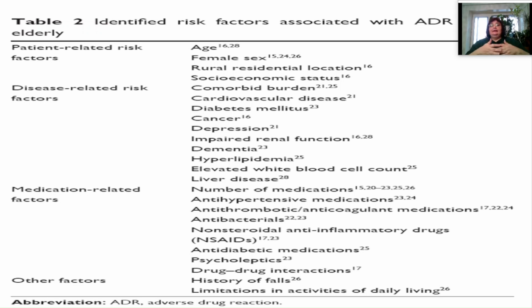We see, even looking at these pictures, that one patient will have several groups of drugs, and these groups of drugs can interact.